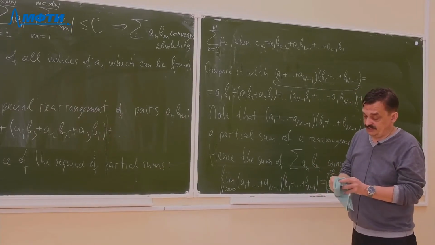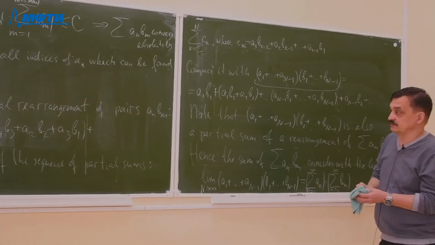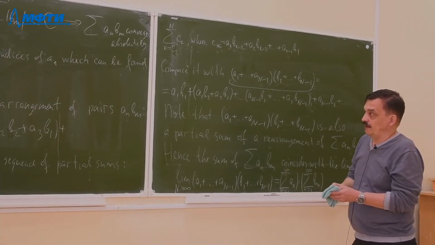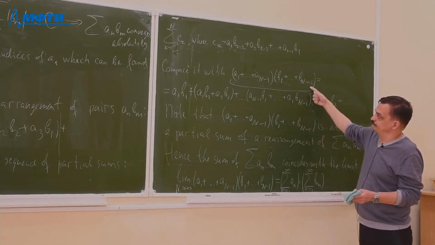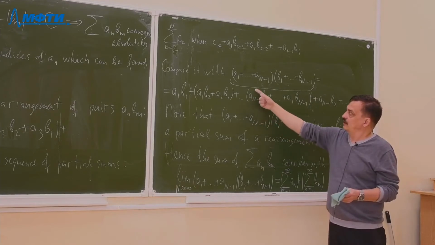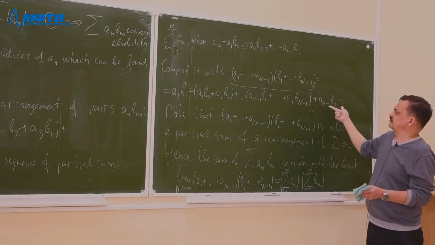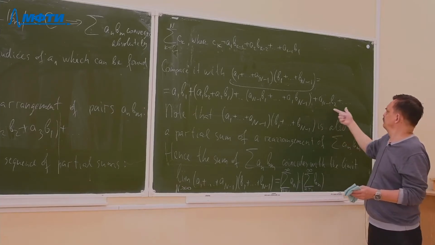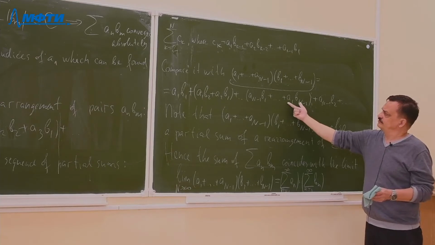And the question is what this number is equal to. For this reason, we consider such a product. And you see, it consists of some pairs, right? Of course, finitely many pairs of indices are included here.